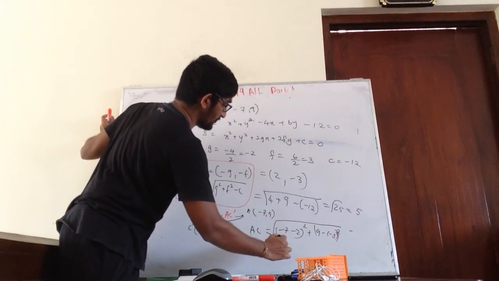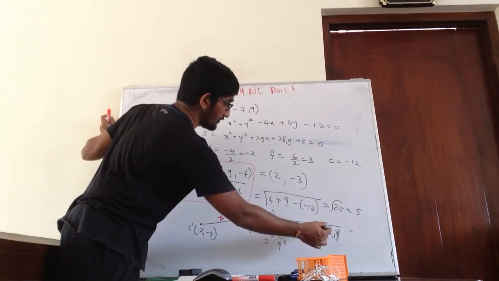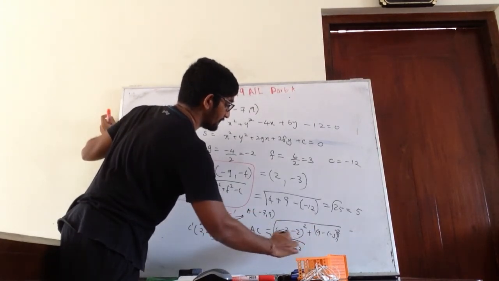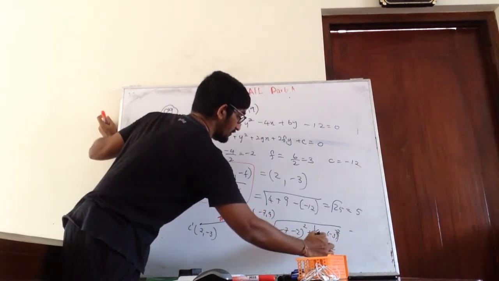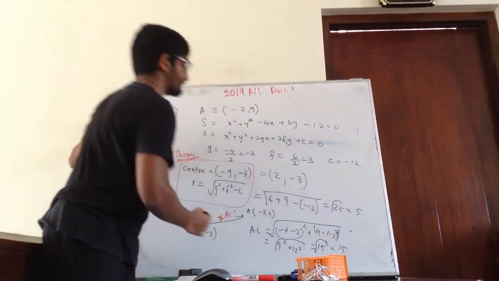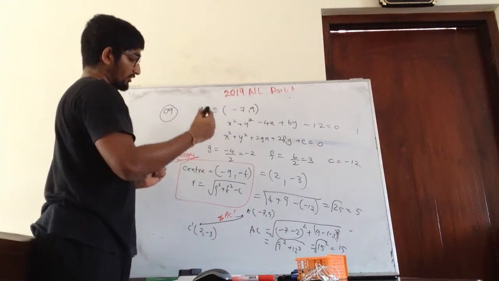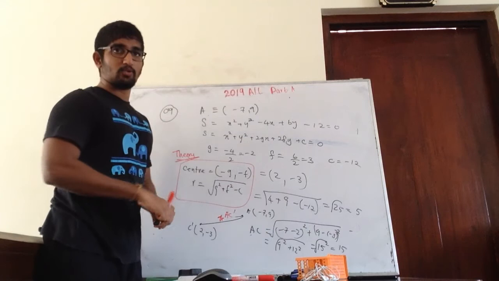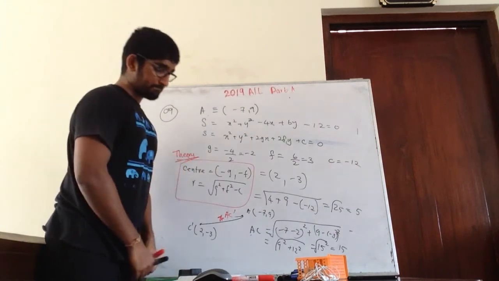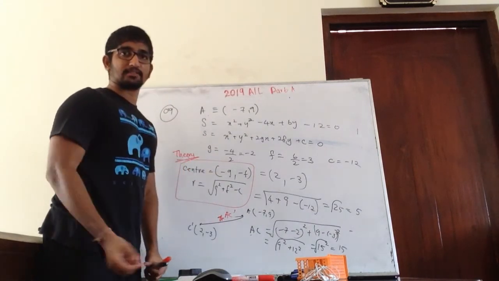That means this is going to be 9 squared, plus 12 squared, that means 15 squared, that means AC is 15. Right? So then you can compare the R value and AC value and say that this is outside the circle.